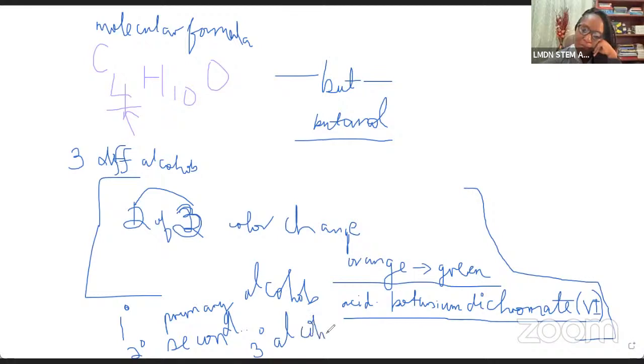Now, a primary alcohol, I have to show you the structure, otherwise it's not gonna make sense. But are you guys familiar with this concept of primary versus secondary versus tertiary, or is this news to you guys right now?